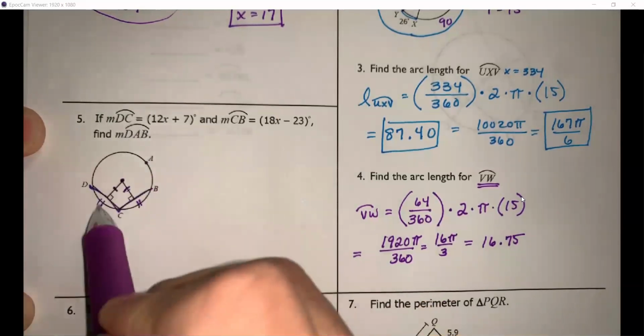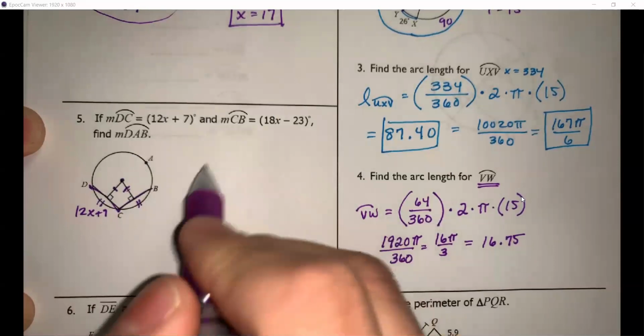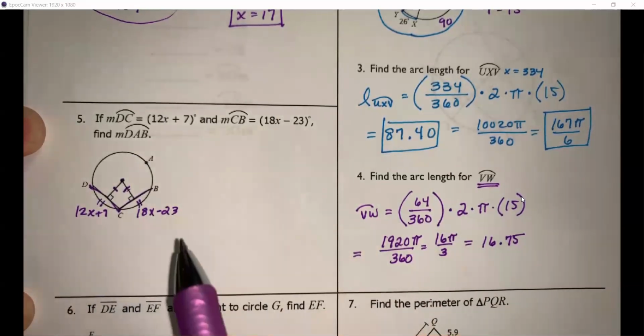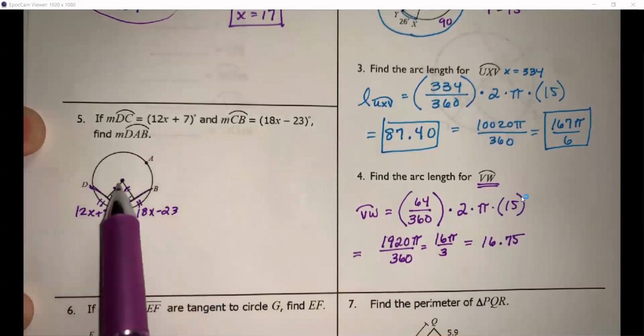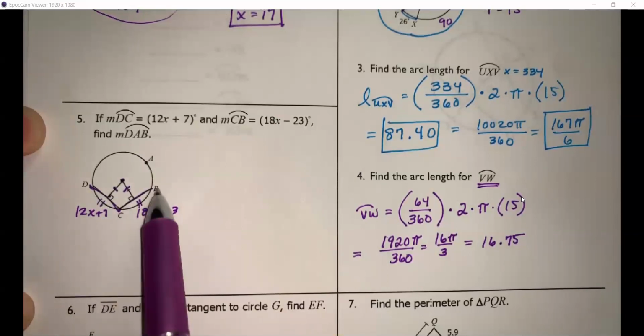They tell you that DC is 12x plus 7, and CB is 18x minus 23. I already established that if the perpendicular distance from the center to the chord is the same for both chords, then the chords are the same and the arcs are the same.